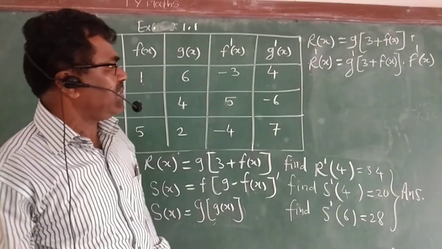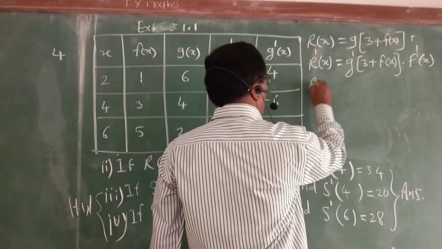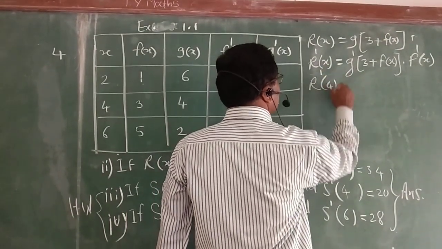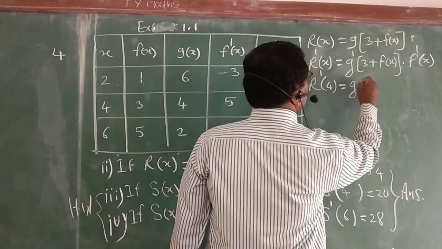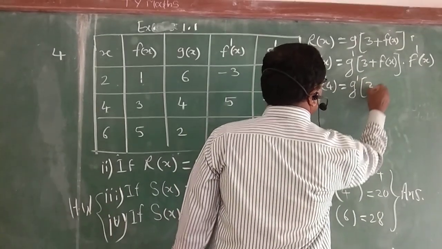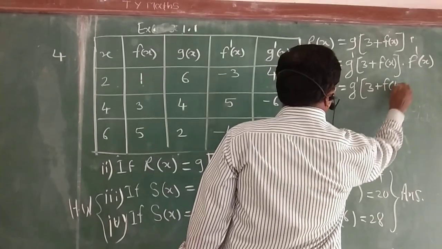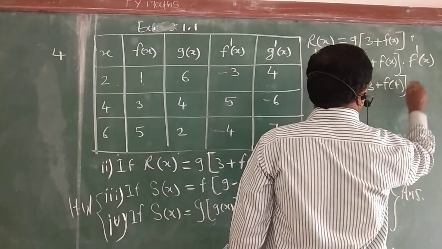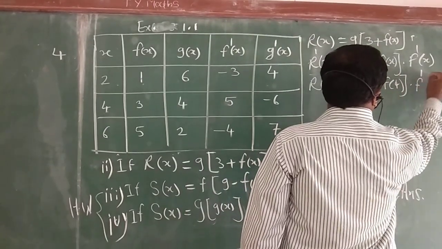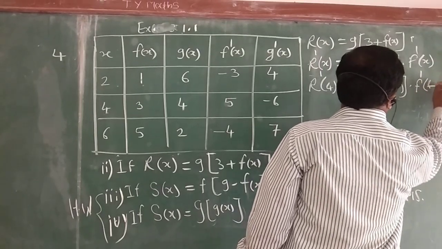Chain rule. See over here. We have to find r dash 4, that is g dash 3 plus f of 4 into f dash 4.